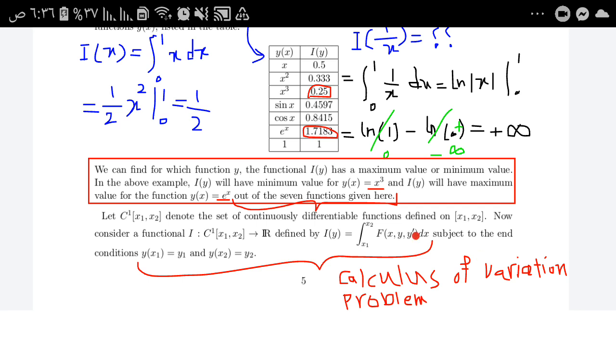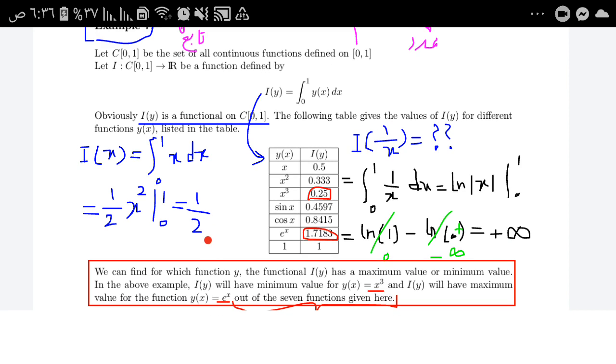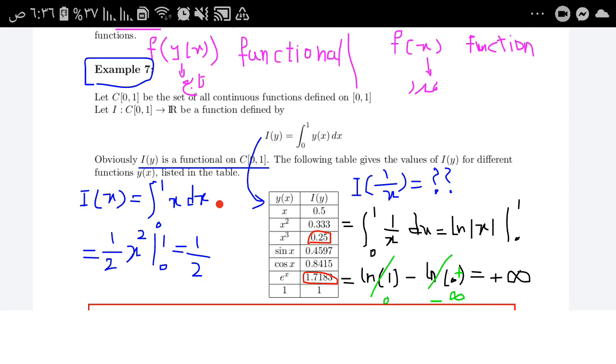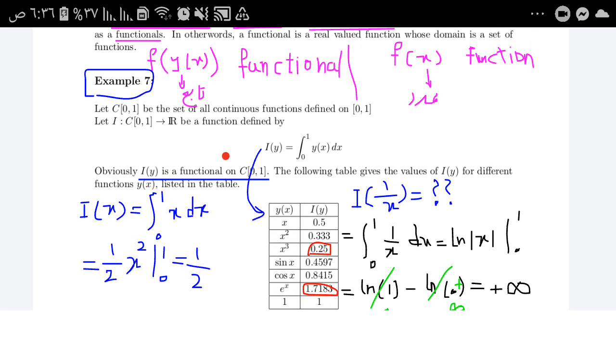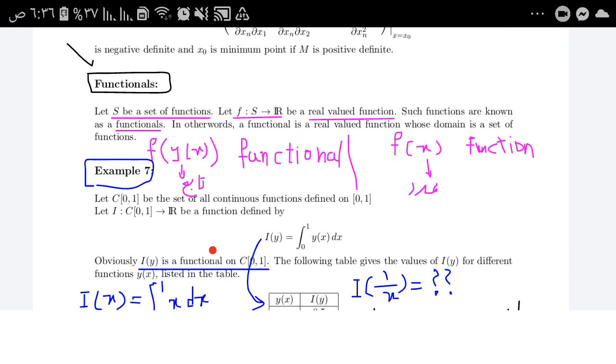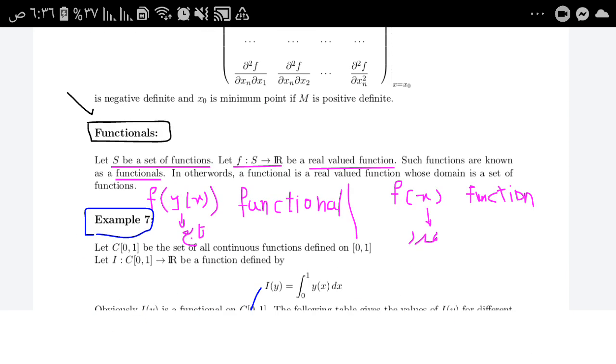Mr. Abdul Hussein, exponential e is equal to 2.718. That's true. But in this example, we calculate the integral of this function over the interval 0 to 1. Let me write here.